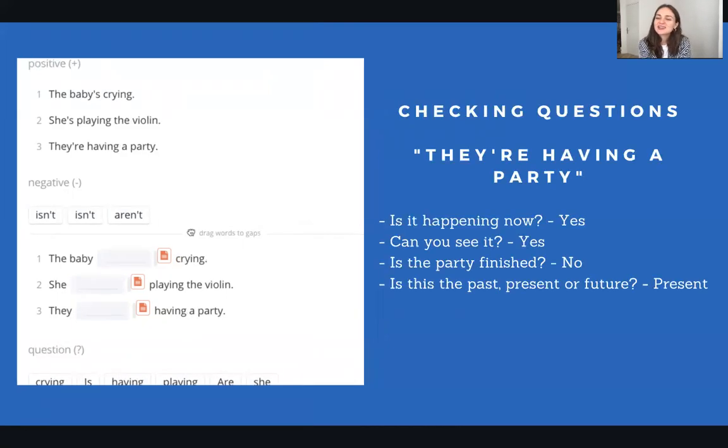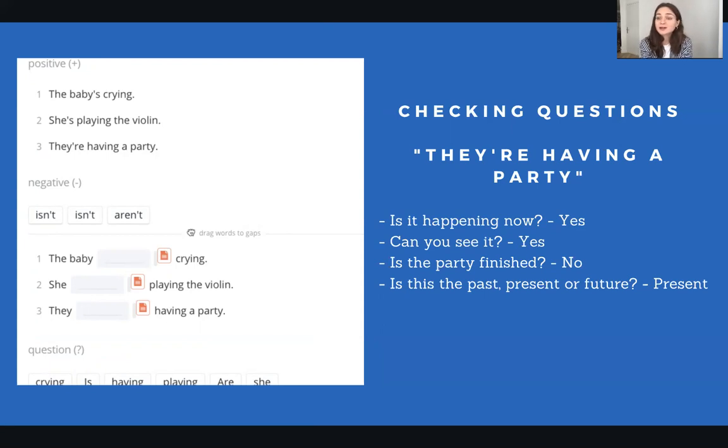Here are the examples of concept checking questions. So the sentence is, "They are having a party." We need to understand if our student knows how to use it, when to use it appropriately. So we can ask questions like, is it happening now, right now?